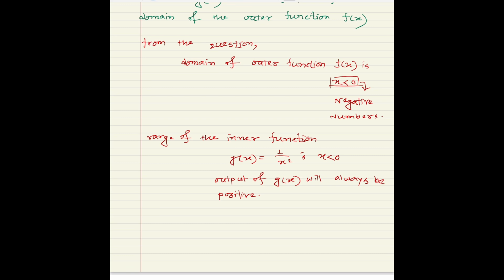But have a look. The domain of the outer function is negative, but the range of the inner function is a positive number. So the positive numbers cannot be a subset of the negative numbers.